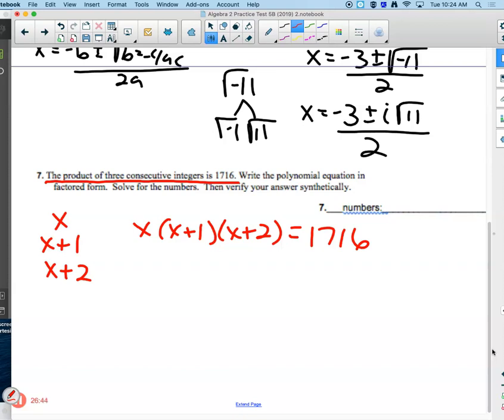To solve for the numbers, we know we had to multiply this out. So we did FOIL on those 2 little doggies first. Then we distributed the x.